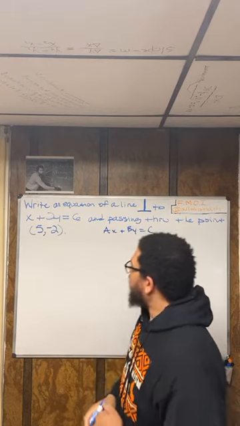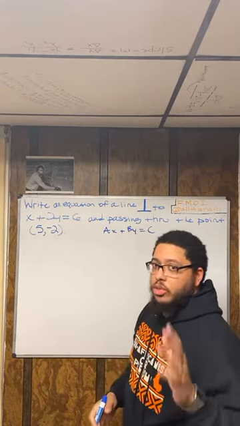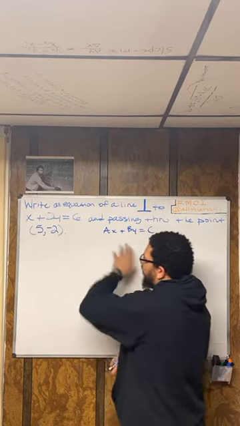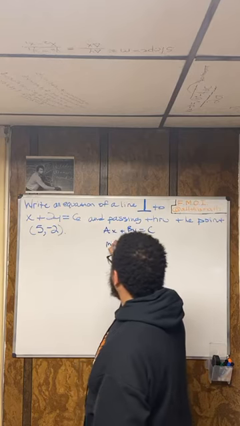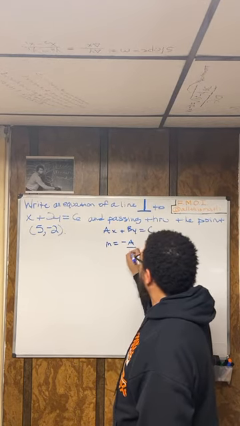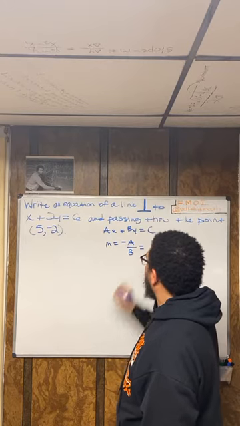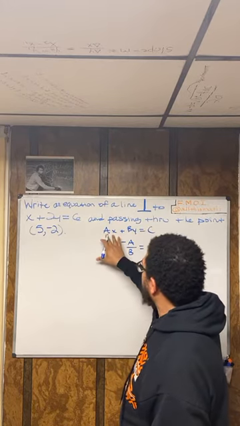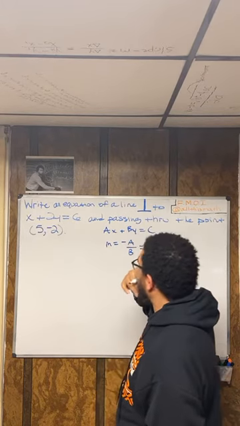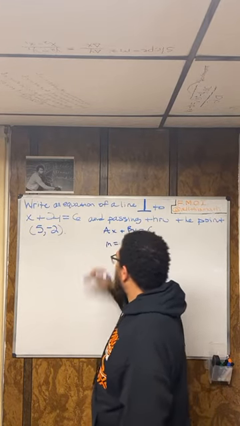What is the slope? Here's a formula you can use to find slope when your equation is in standard form. M, which represents slope, is equal to negative a divided by b. If you follow the standard form and look at this equation, we can easily identify what a is and what b is.